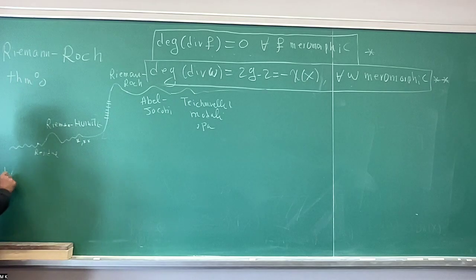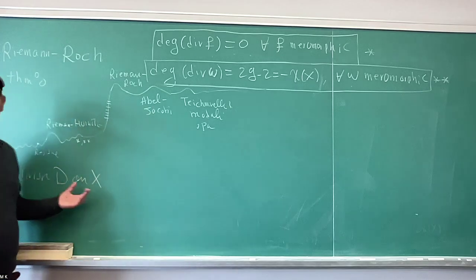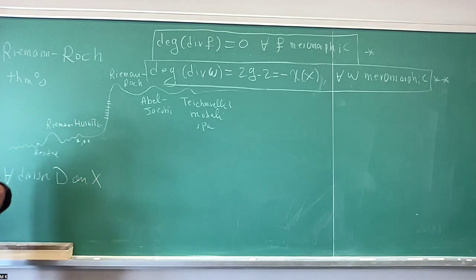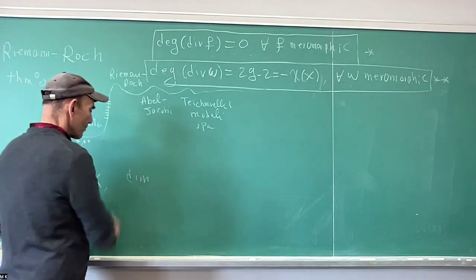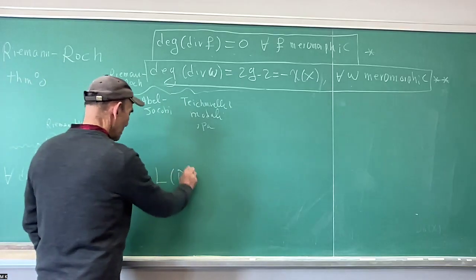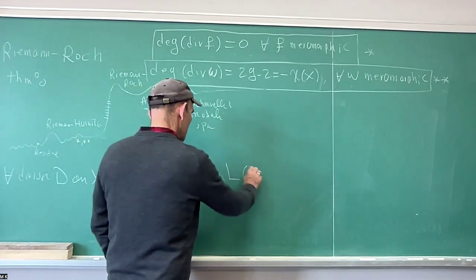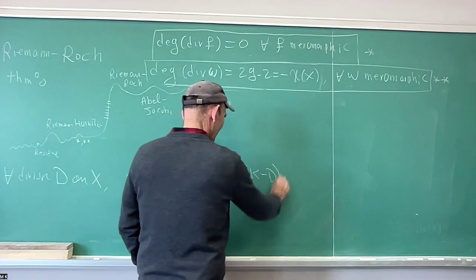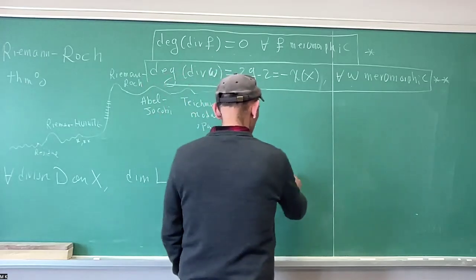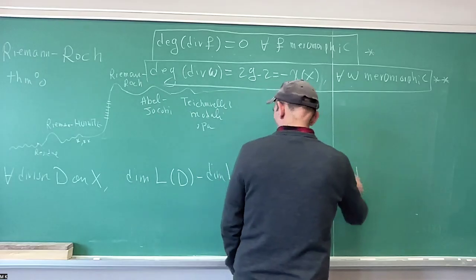It just says for any divisor D on X, and remember X is always a compact Riemann surface for us, the dimension of L of D minus the dimension of L of K minus D is equal to the degree of D minus g plus 1.